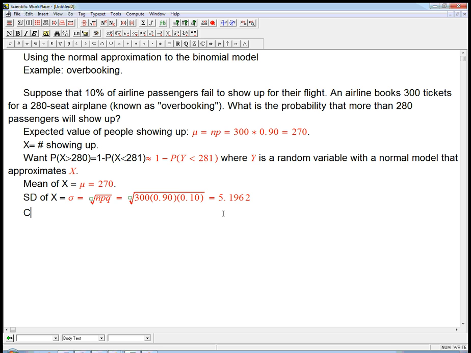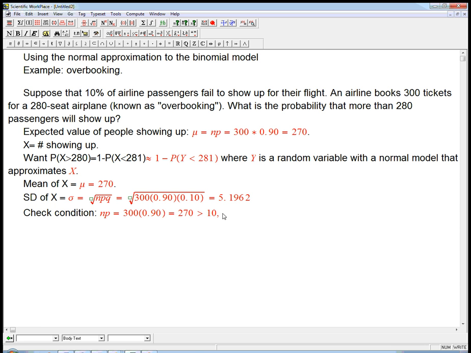Let's check the condition to see if it really is likely to be close to normal. np is 300 times 0.90, the 270 that we got already. That's definitely way bigger than 10.